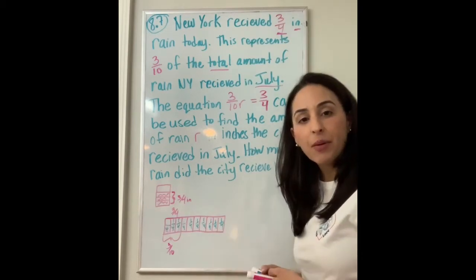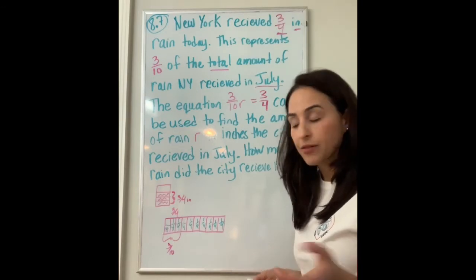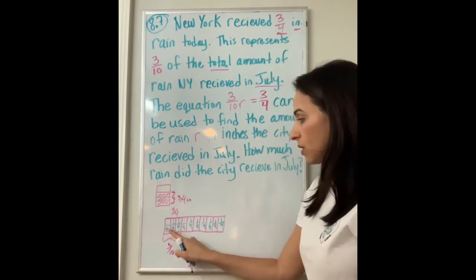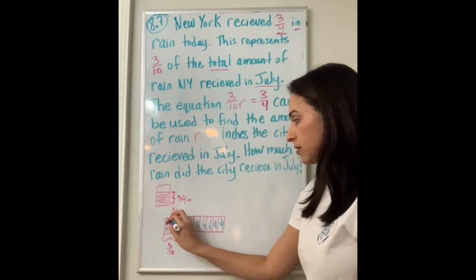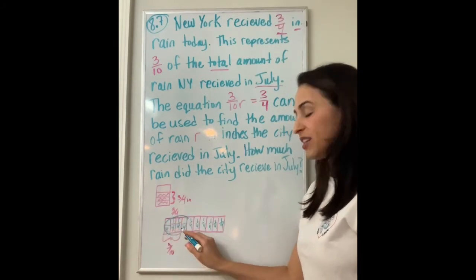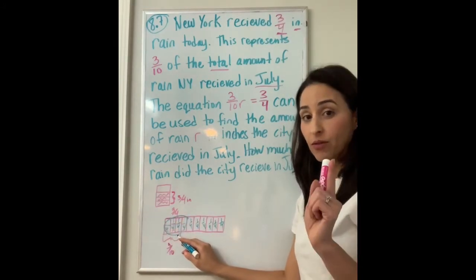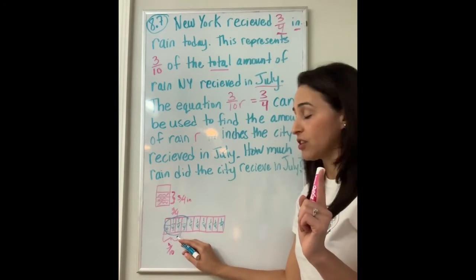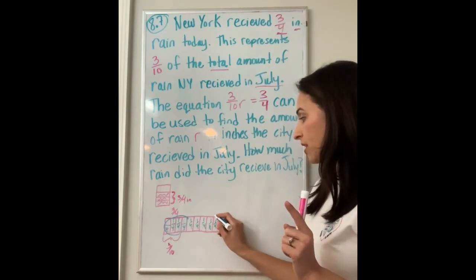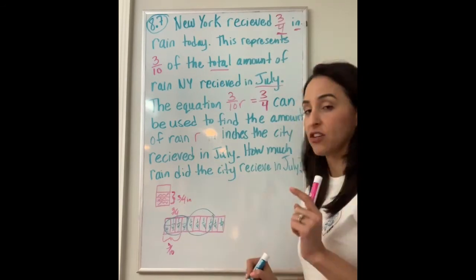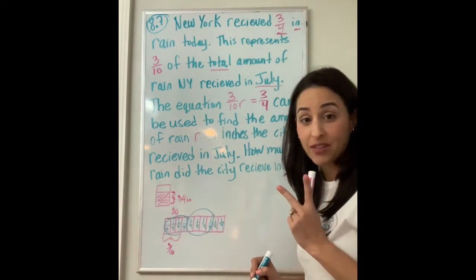So how many fourths do you need to make a whole inch of rain? 1, 2, 3, 4. That's 1 whole inch of rain. Another 1, 2, 3, 4, another whole inch of rain in July. That's 2 inches of rain we received in July.